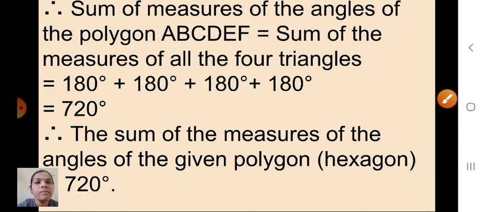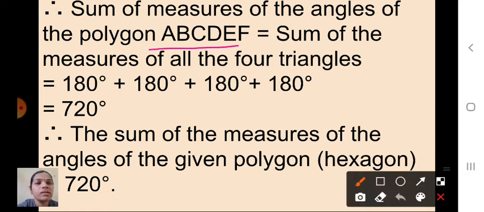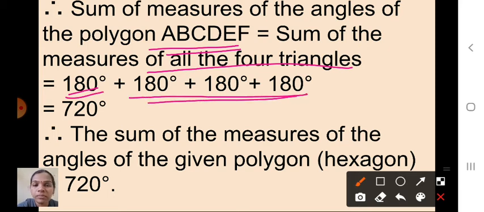See here, next one, the sum of the measures of the angles of the polygon ABCDEF is equal to the sum of the measures of all the 4 triangles. One triangle is 180 degree, so for 4 triangles it is 180 plus 180 plus 180 plus 180, otherwise you can write 180 degree into 4. Okay children, so what is your answer? 720 degree.